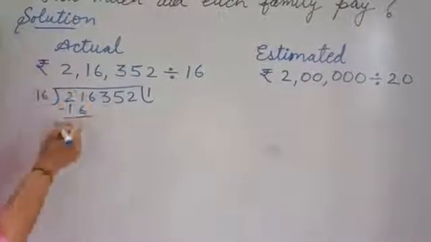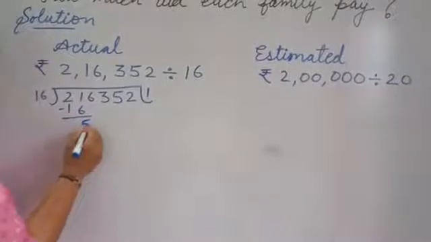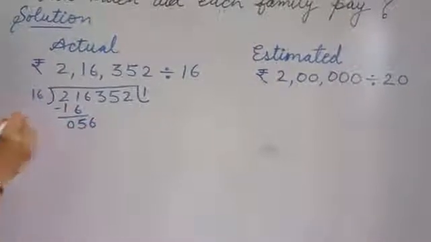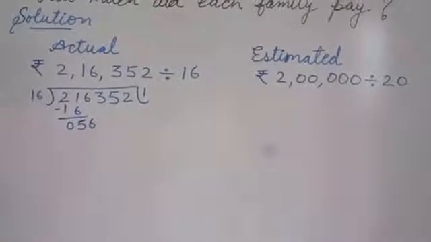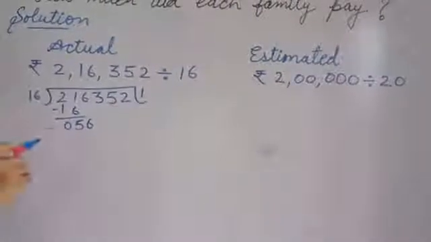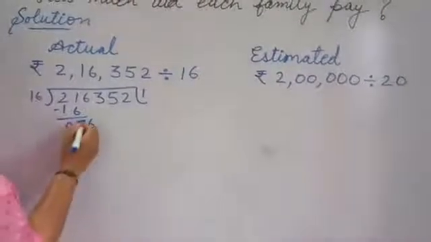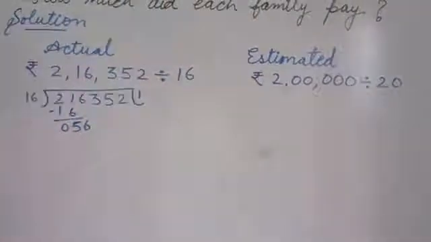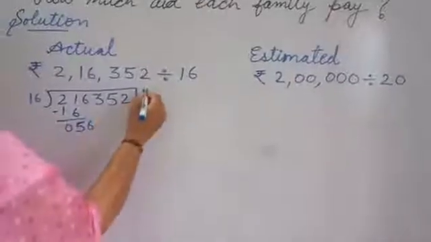Now 21 minus 16 is 5. Now we note down 6. Now we recite the 16 table. 16 threes are 48, 16 fours are 64. 64 is greater than 56, so on the 4 number we have greater, so we will take the 3 number.